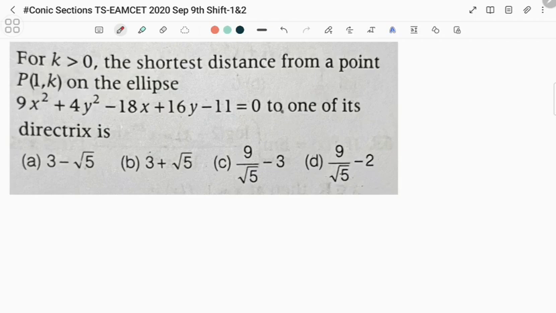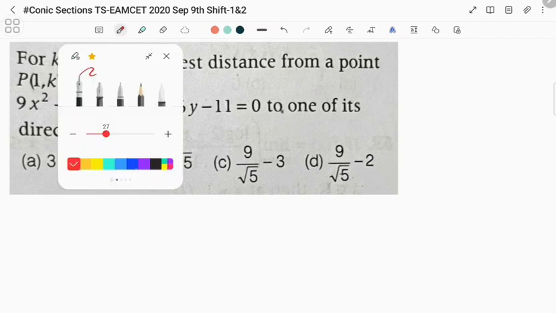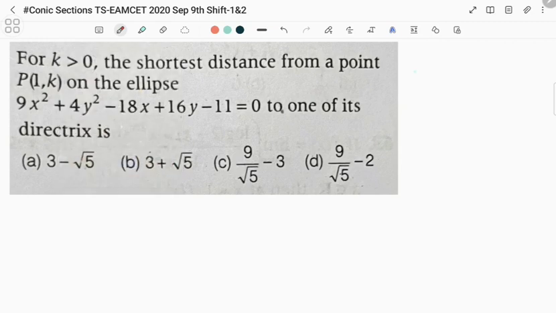So this point P lies on this ellipse, no?